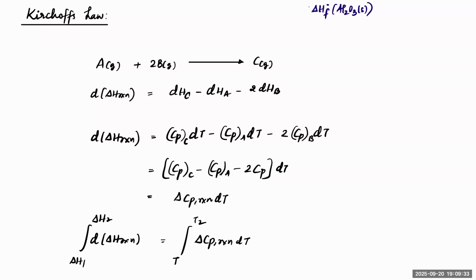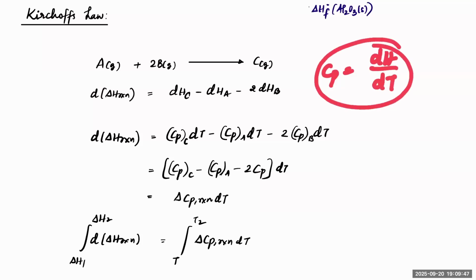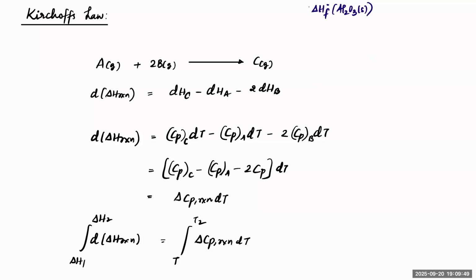Because products minus reactants is always the delta H of the reaction. Now let me recall, any small change in the enthalpy can be represented as Cp into dT. That's the definition. Cp is equal to dH by dT, per mole, correct? So if there is any small change in the enthalpy of C due to temperature change, I can represent it as Cp of C into dT minus Cp of A into dT minus 2 times Cp of B into dT, correct?